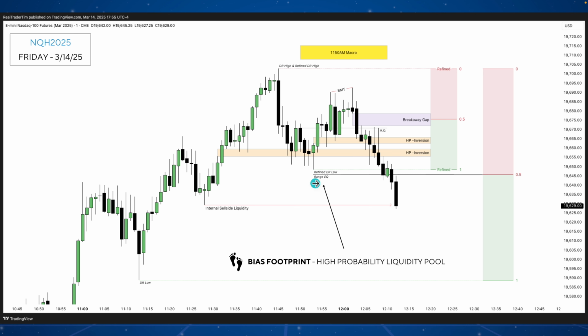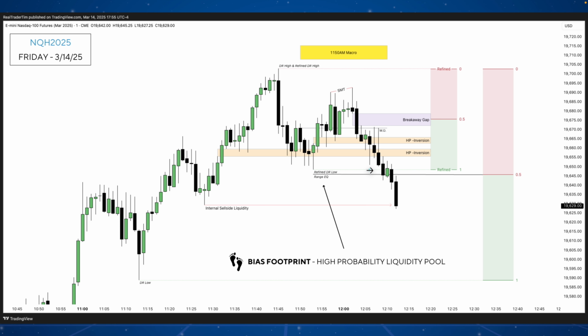You see this label, this arrow pointing there. Why is this a bias footprint, a high probability liquidity pool? See how this is falling just short of equilibrium of the dealing range? That shows me that this is suspect, that this is likely to get returned to. Whether or not after that we purge it and continue higher is a different story.